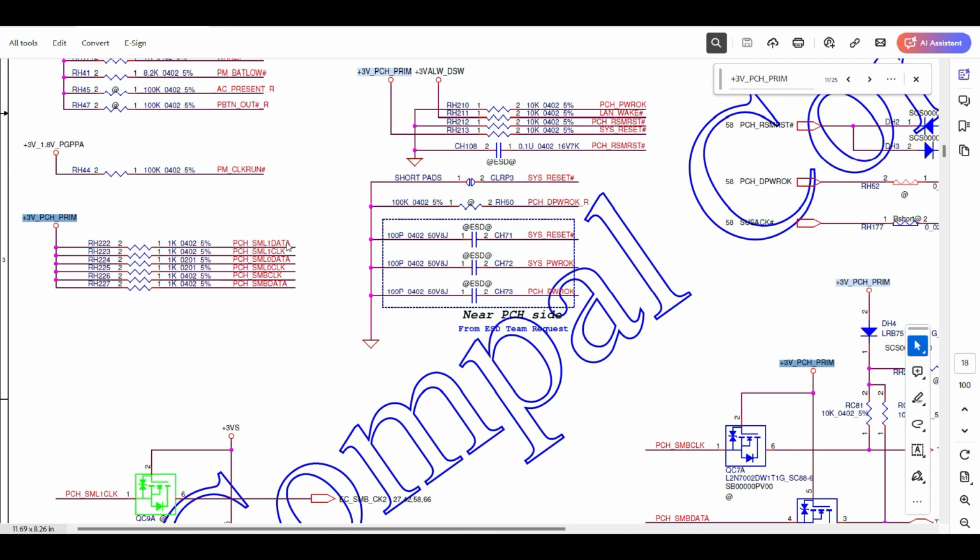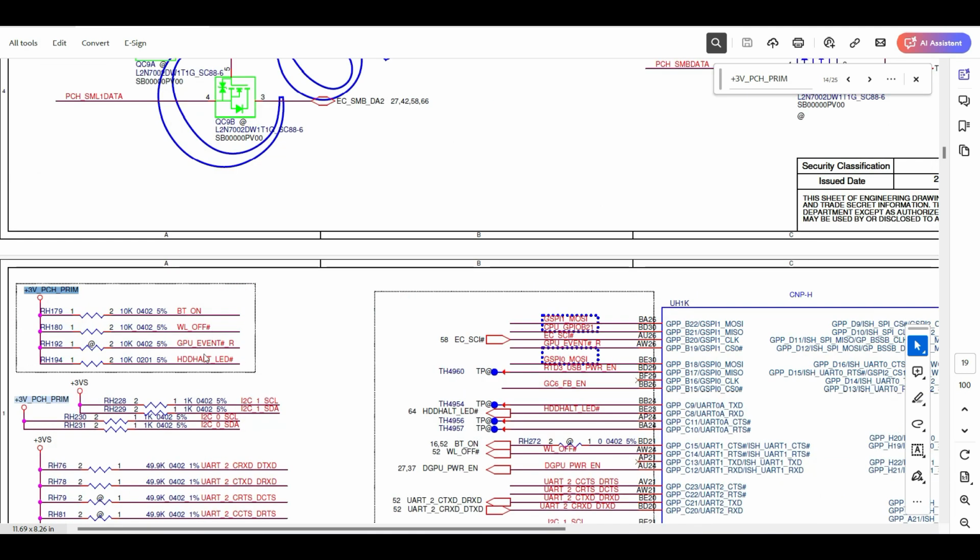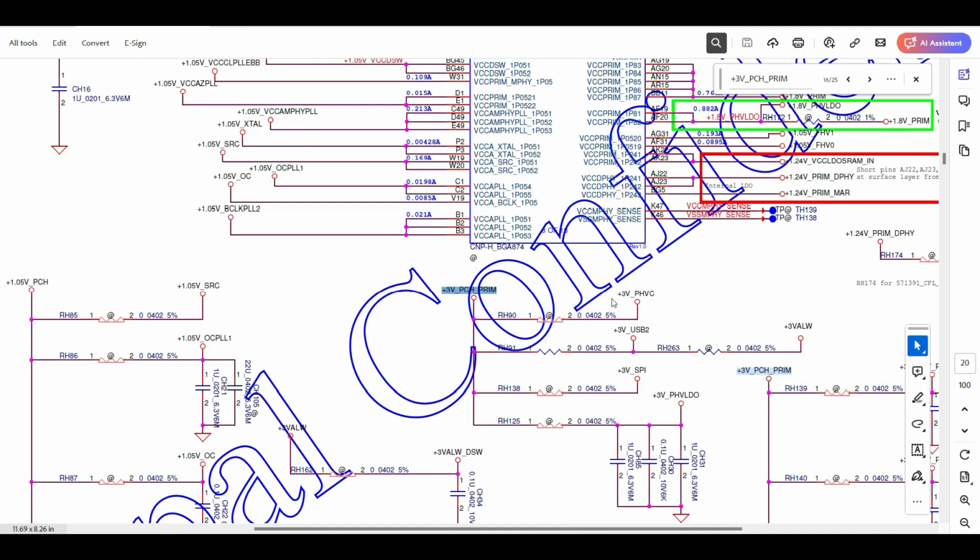Here PCH SML data clock 10 and normal SMB. Here PCH SML alert. Here Bluetooth on, wireless off, GPU event, HDD halt LED, and here I2C clock and data. Here it's converting as PHVC, and here the same thing USB 2, and here PHV LDO.